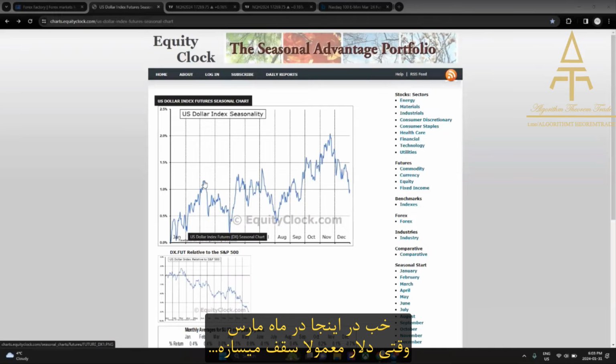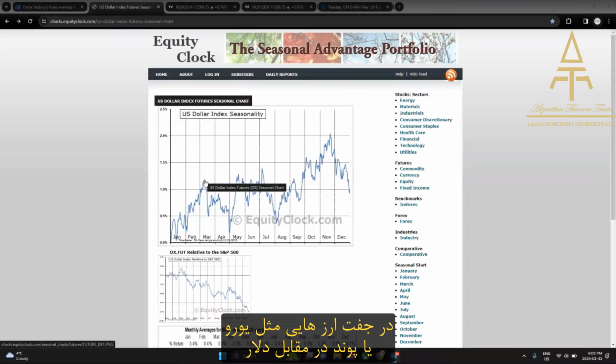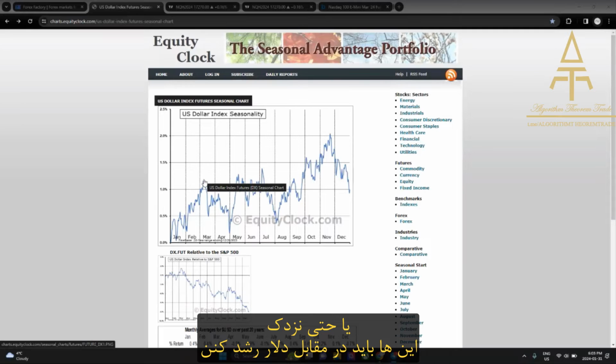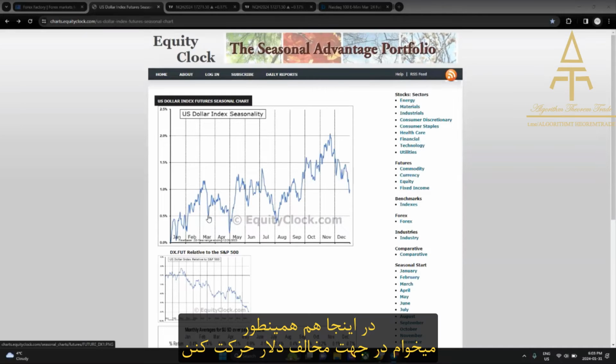So right here in March, where the dollar usually tops, I would be looking for a reversal in Euro USD, GBP USD, the Nasdaq, expecting them to go higher when the dollar is supposed to go lower. Same thing here.